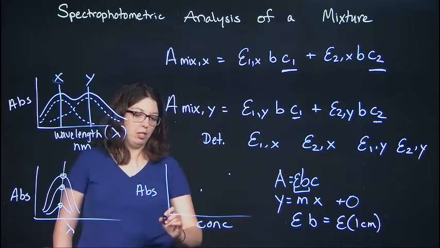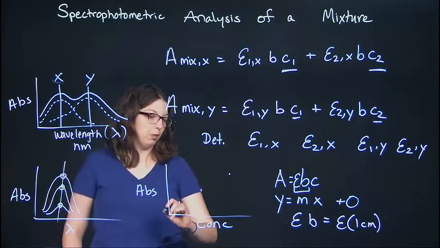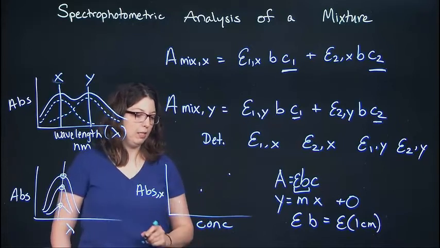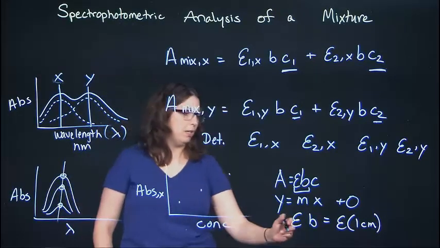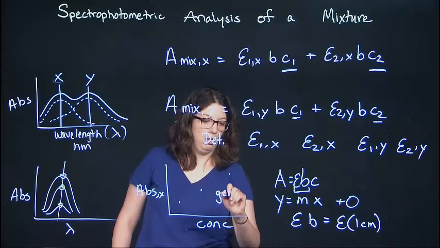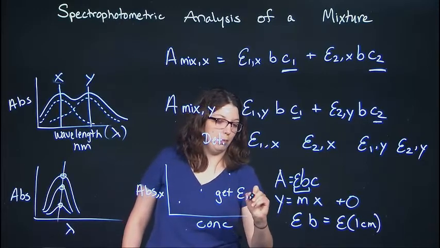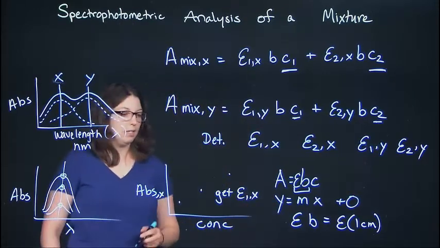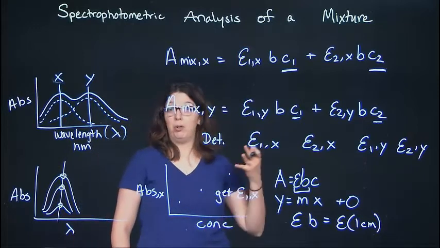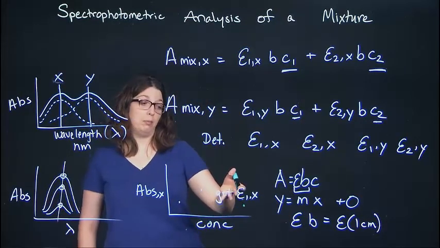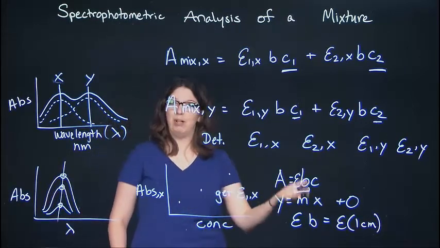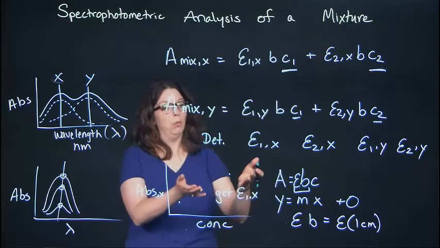So if we measure the absorbance at a particular wavelength x for component 1, we'll get the molar absorptivity of component 1 at wavelength x. If we do this at wavelength y for component 1, we'll get the molar absorptivity of component 1 at y, and so on.